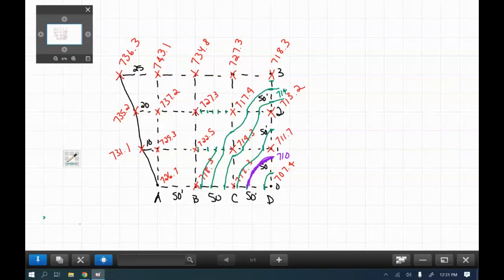So I'm just looking at what these elevations are. So it's got to be an 18, a 20, a 22, 24, 26. Okay, so that comes through here. And then this is 717, and that's 727.3.